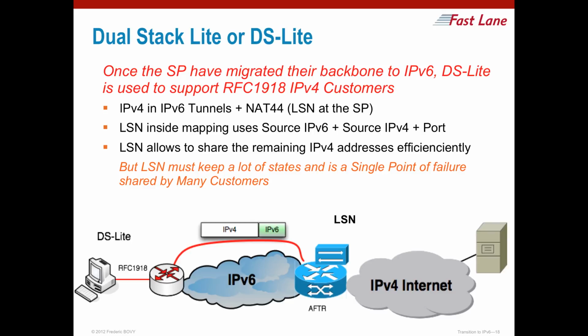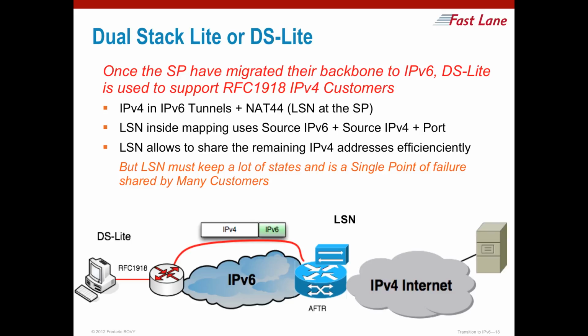When you have migrated to a native backbone and you still need to connect IPv4 customers, then you need a solution. And currently, I think the best solution is DS-Lite or maybe 4RD. There are pros and cons for DS-Lite or 4RD actually.